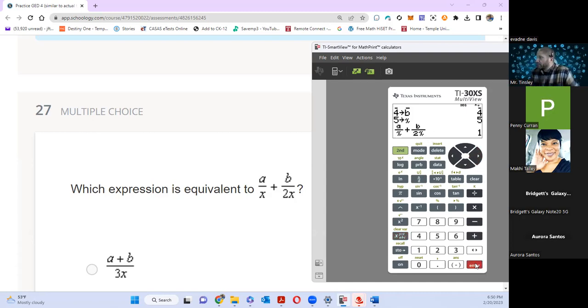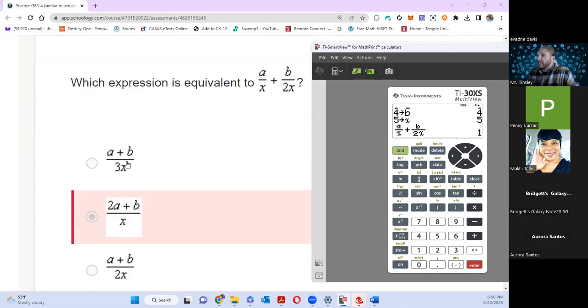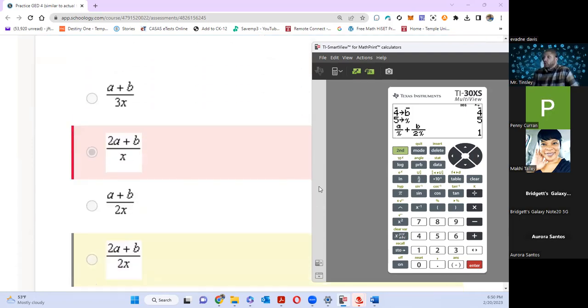Got to get out of my fraction. I get 1. So what I'm going to do is I'm going to use each of the multiple choice until I get 1. So let's try the first one. A plus B over 3x. Get out of my fraction, press enter.